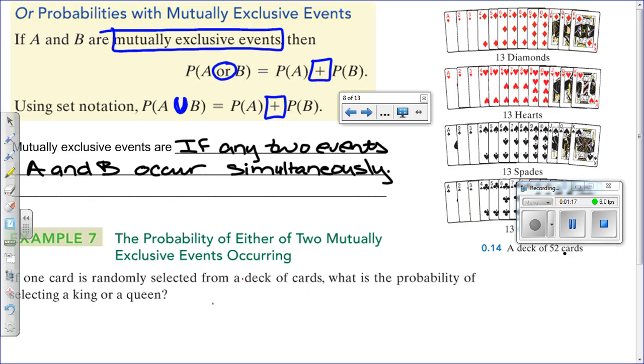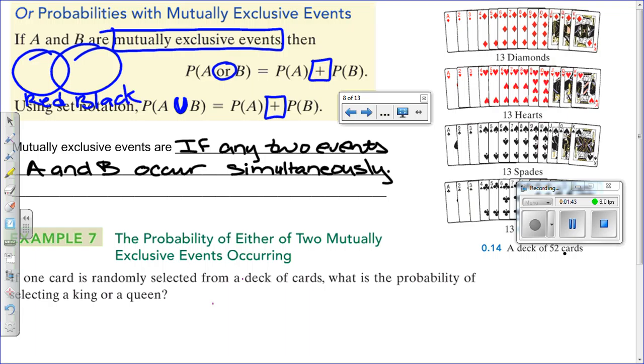So what that means is, for example, if you consider all the cards that are red, let me give you a better example. Let's think about all the cards that are red again, and let's think about all the cards that are black.